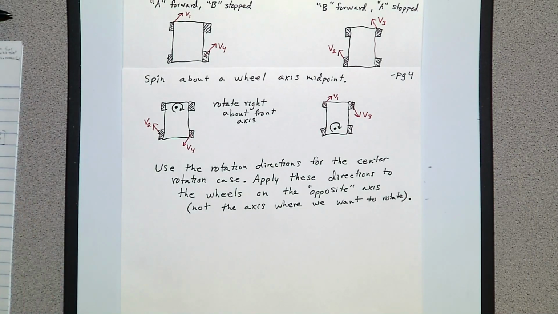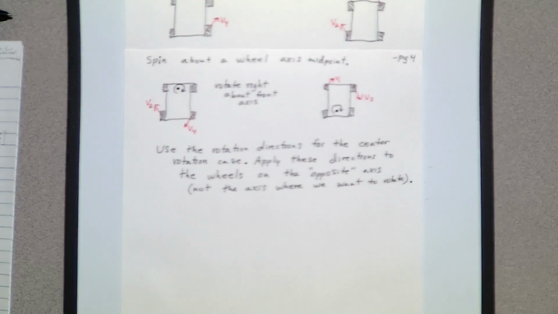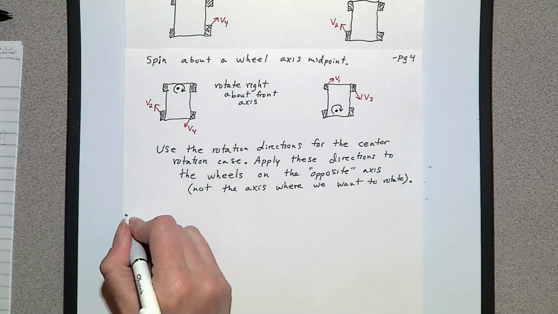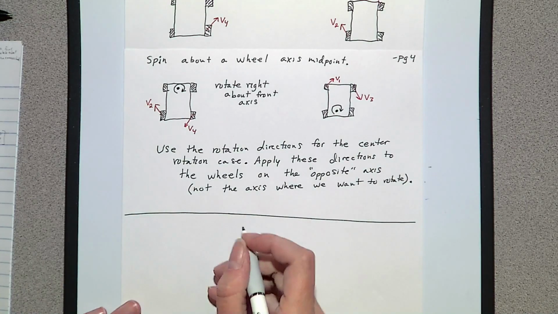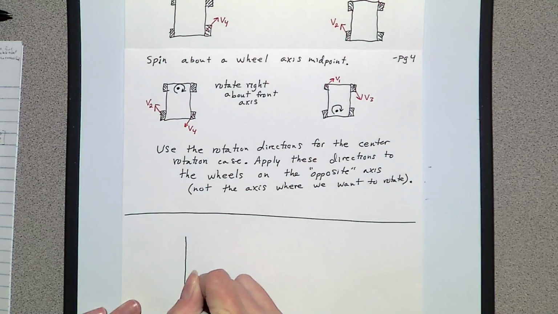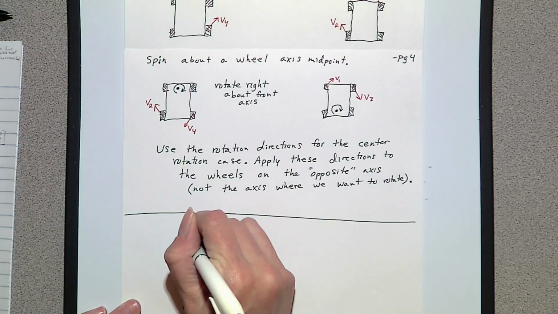But let's look at the mathematics here to explain this a little more clearly. And then that also allows us to do more complex motions as well. So I'll sketch a little bit bigger here.